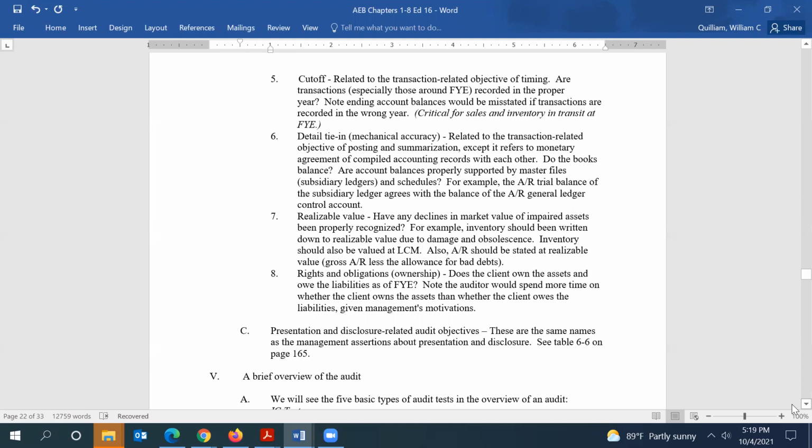Generally, in accounting, we say subsidiary ledgers. The term master file is a relational database term, just to let you know. And schedules. For example, the accounts receivable trial balance of the subsidiary ledger agrees with the balance of the accounts receivable general ledger control account. Everything stacks up. Everything matches up. All the details tie in together.